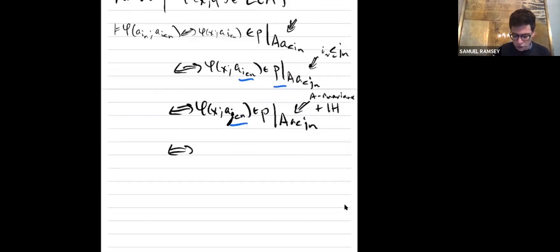But then we remember how we chose a_{j_n}. It was a realization of this type. So this means that this holds if and only if phi(a_{j_n}, a_{j<n}).